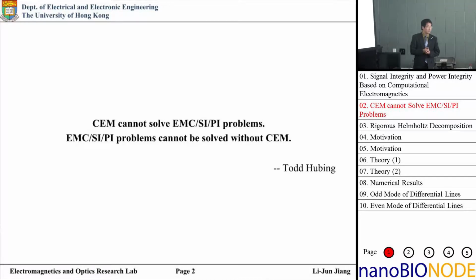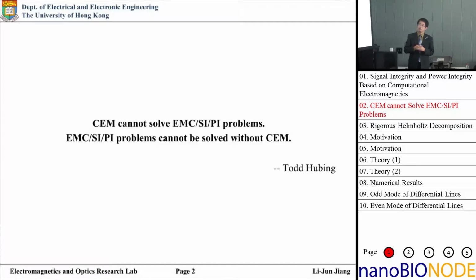This was mentioned by Professor Todd Hubing this year in Florida when he was giving a tutorial at CES. He said CEM cannot solve EMC SIPI problems, but EMC SIPI problems cannot be solved without CEM. After I heard that, I found I quite agree with these points, and some of my activities resonate with this statement.